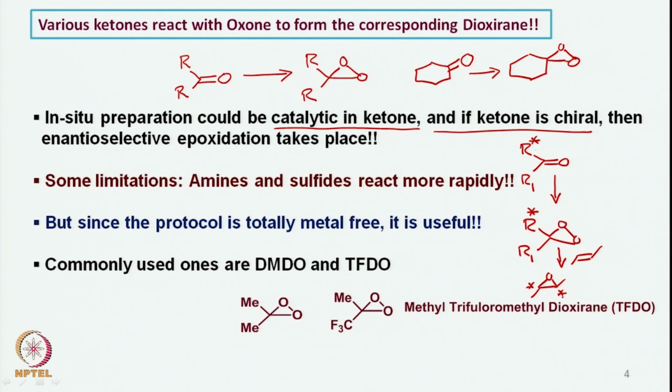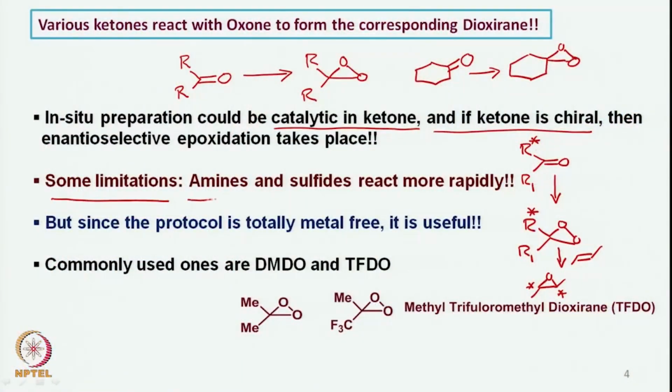Now this particular dimethyl dioxirane, or any dioxirane, is very reactive because it is a 3-membered ring with 2 oxygens, and therefore a very strained ring that transfers the oxygen very readily.